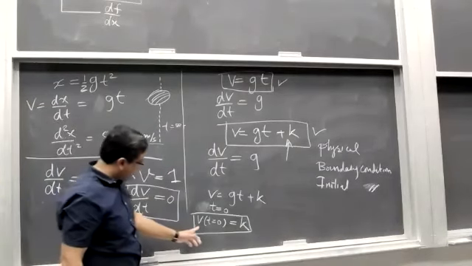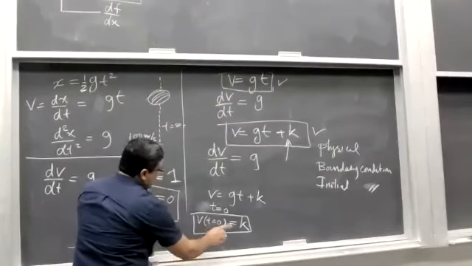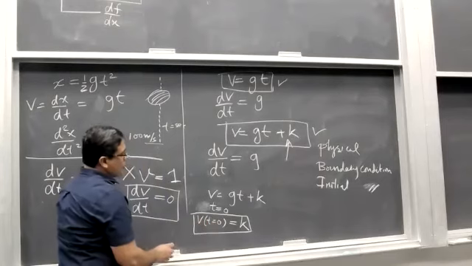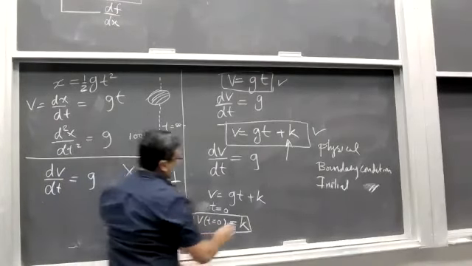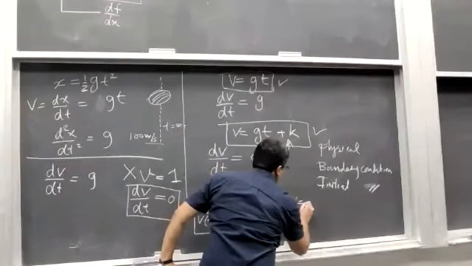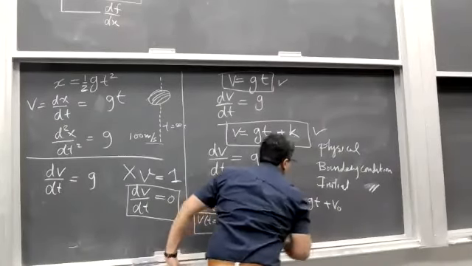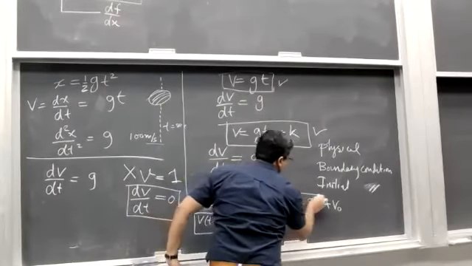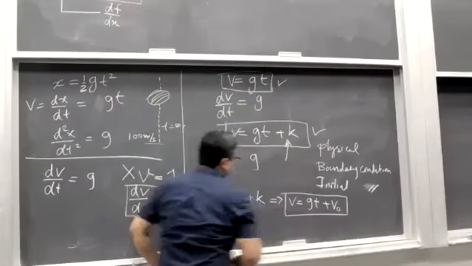And if I change the symbol from k to v naught to indicate that this is the initial velocity at the time of observation, then this equation looks like v is equal to gt plus v naught. Okay.